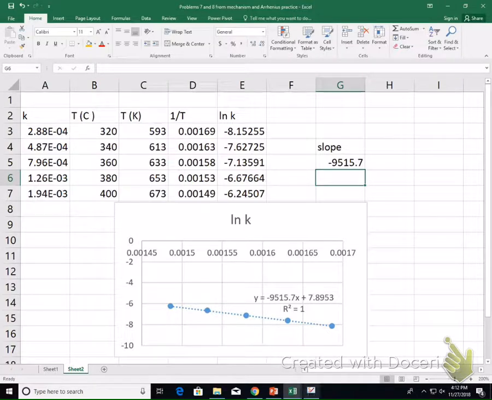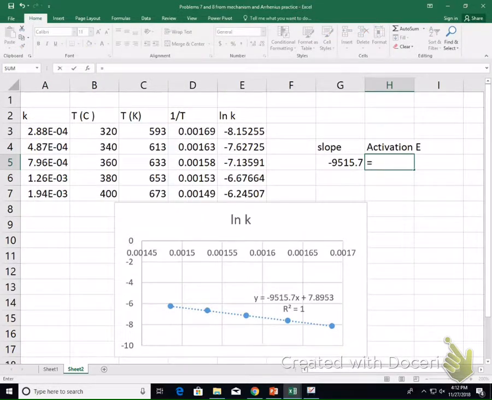If I want to get the actual activation energy, I need to do some more calculation. We have to take the slope and we have to multiply it by R, the gas constant, 8.314. And so that gives me the activation energy in joules.